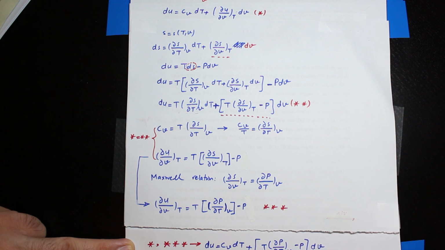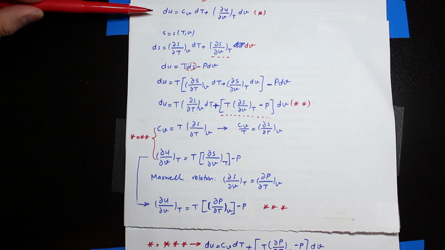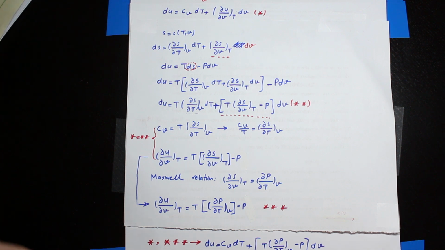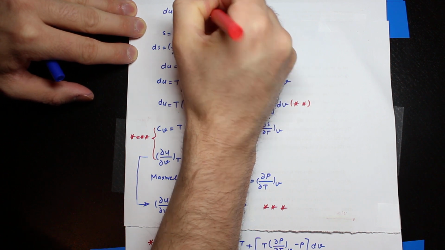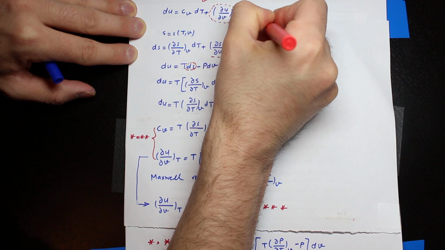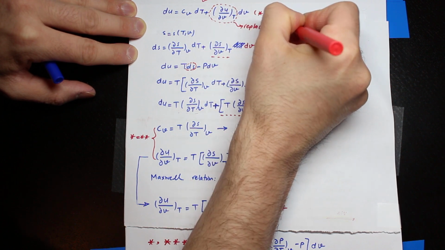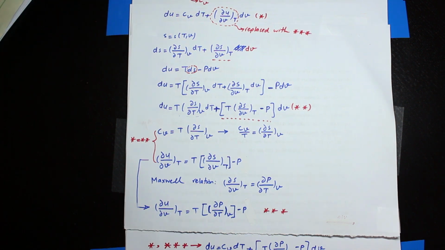So this equation is the same as equation 1 star, but what I changed was this term. I replaced it with 3 star. That's all I did. So I don't need this page anymore.